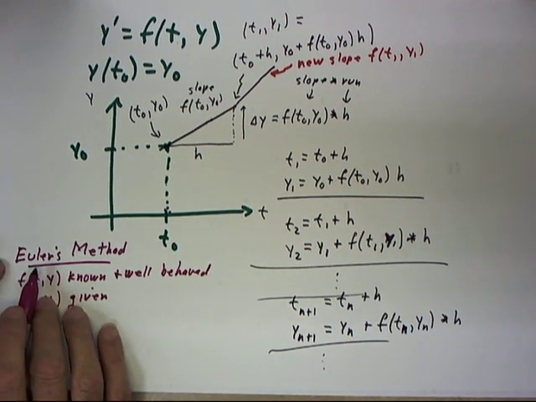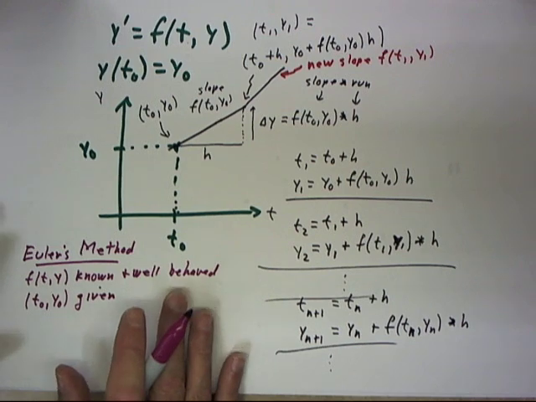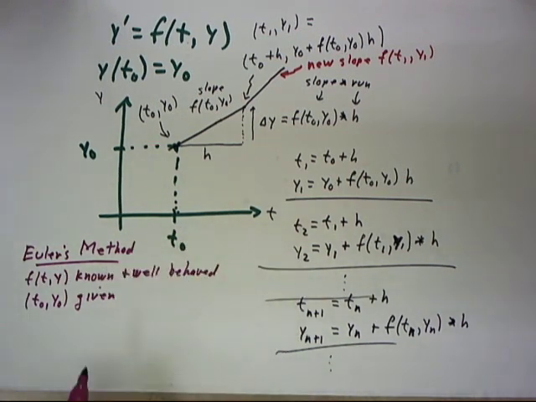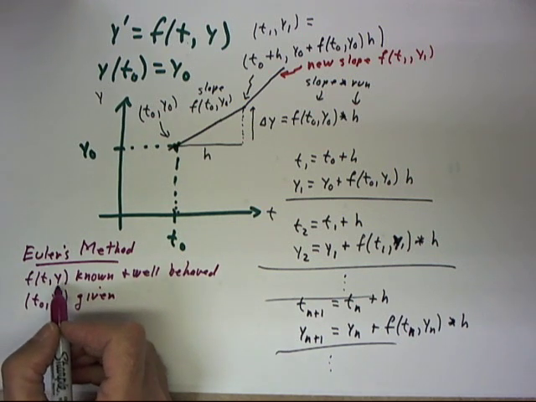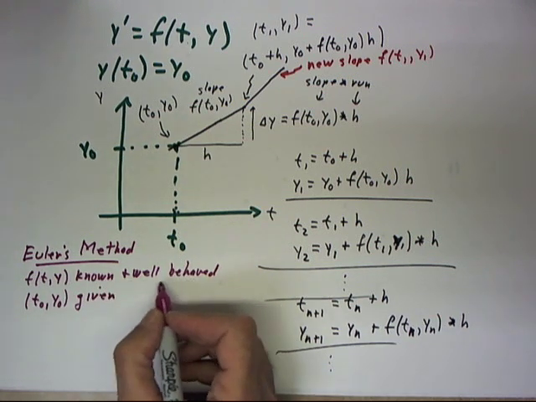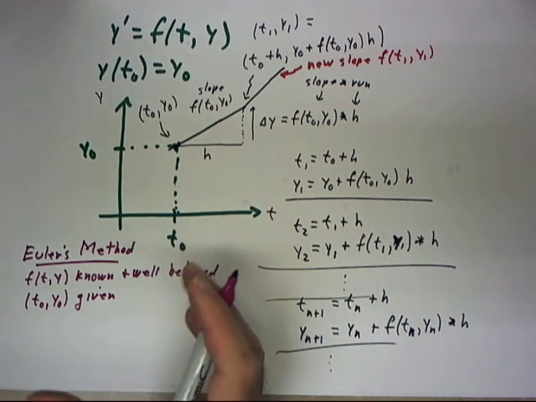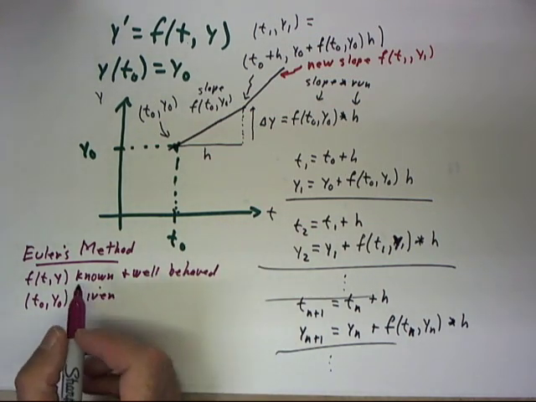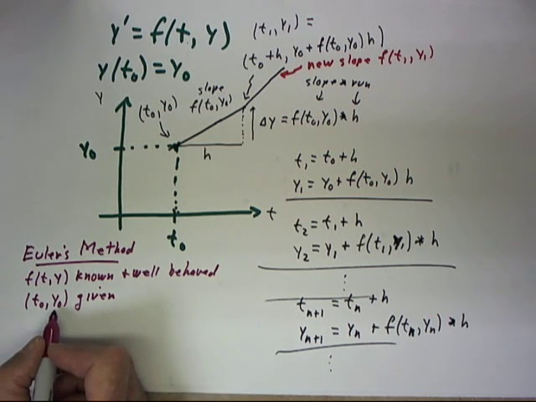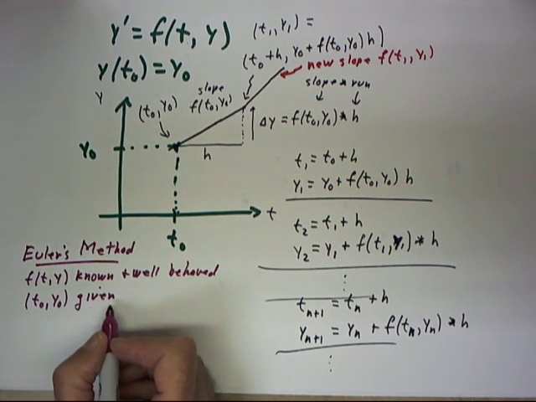We call this process Euler's method, and basically all we need to apply Euler's method is the function f of t, y, which is a known function and a function that's well behaved over at least some region, the region in which we're approximating, and t naught, y naught, a value of y at a given value of t, and that's given.